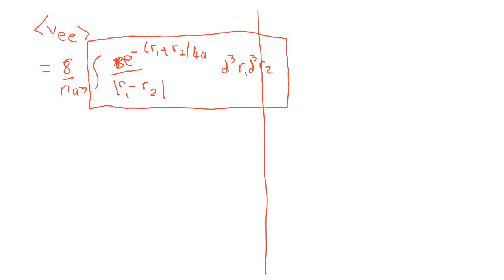So let's first do the integral over d3r2. So that integral, this r1 won't be contributing, so the only thing we have to look at is this e to the minus 4 r2 over a.